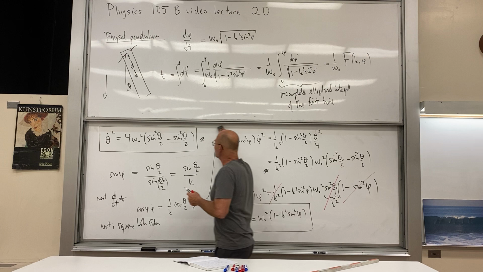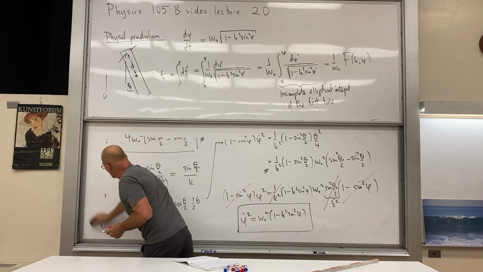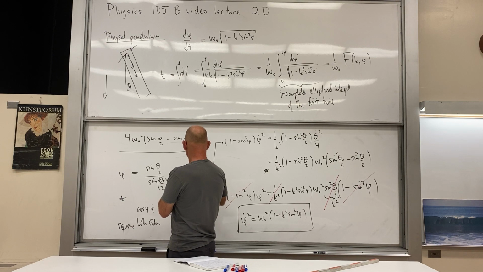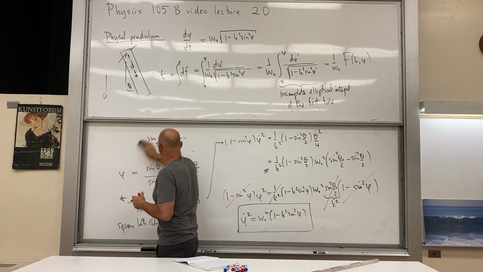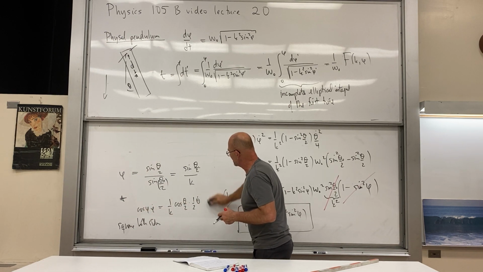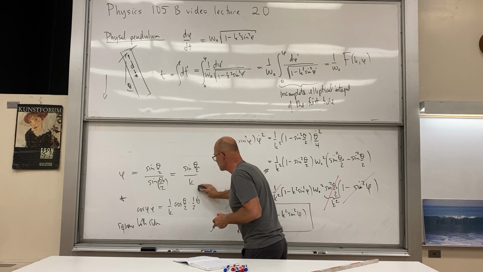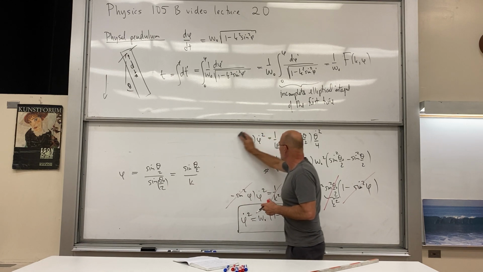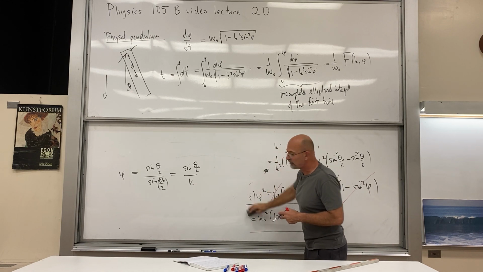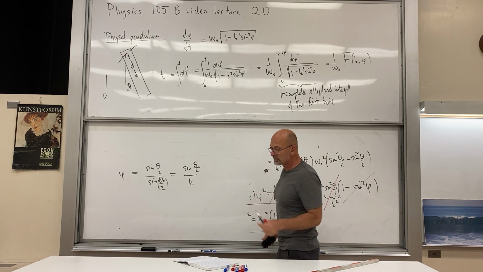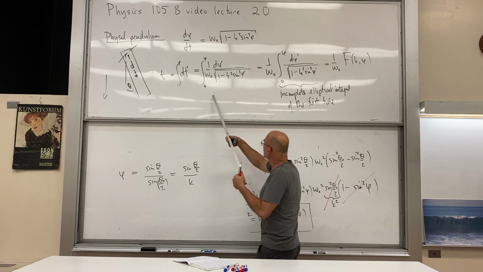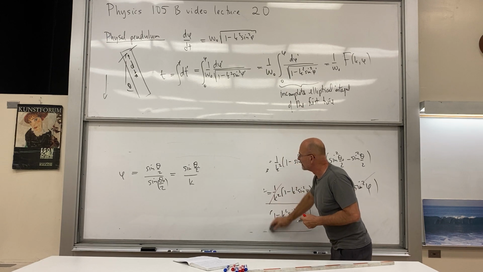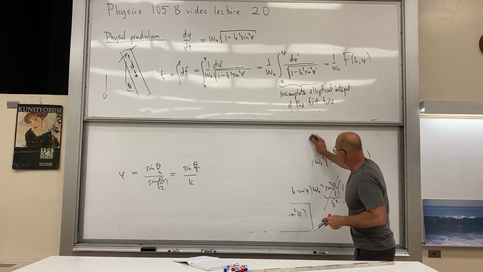So the period of the pendulum, because of the way we defined k here, which is right here, maybe I'll leave it on the board. Because of the way we define k, the period of the pendulum will be 4 times this integral if we integrate from 0 to pi over 2. That'll follow straight from this definition here.